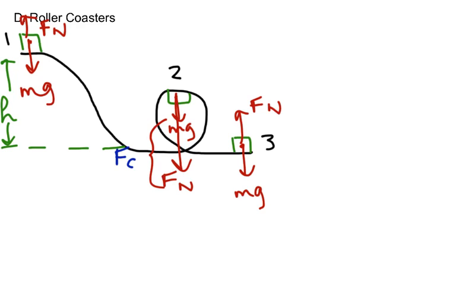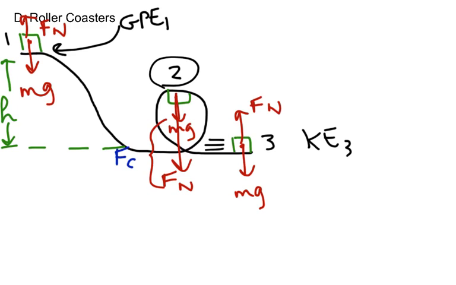Now, in case 1 with the roller coaster, if the car hasn't moved yet, all of the mechanical energy in case 1 is going to be gravitational potential energy. That's the total mechanical energy. In case 3, if the car is moving and it's at reference level, all of the energy is kinetic energy. So what's happening at case 2?